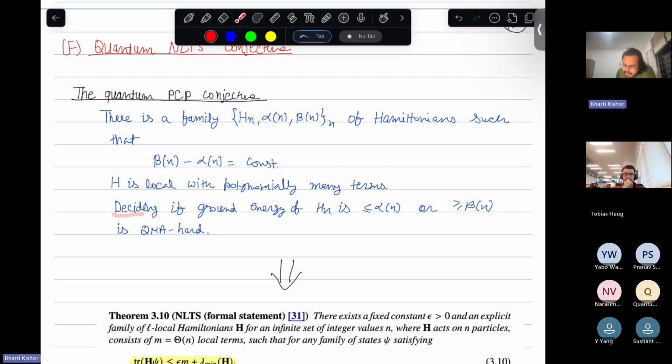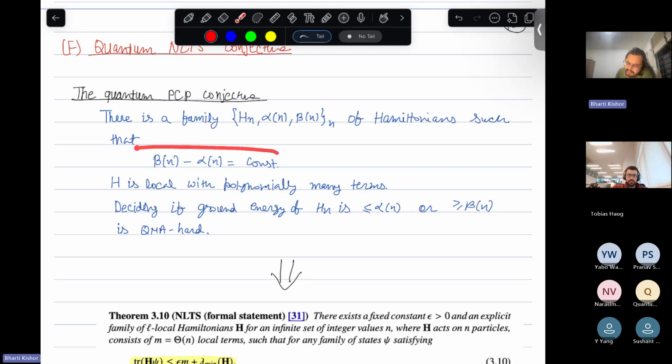Now deciding if the ground energy of H_n is less than alpha_n or greater than or equal to beta_n is QMA-hard. Normally, if beta_n minus alpha_n is 1 over poly, then we know that this is QMA-hard, that's due to Kitaev and others.